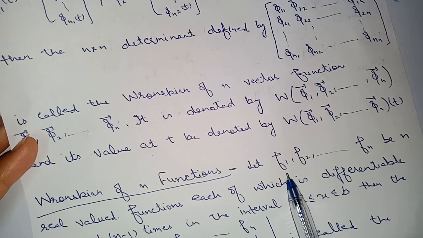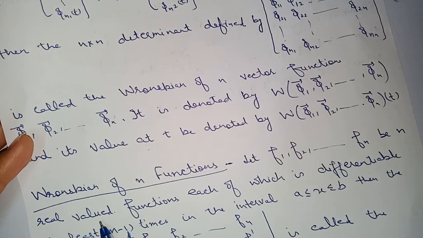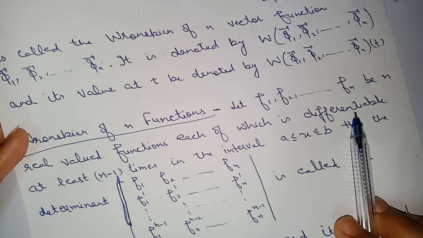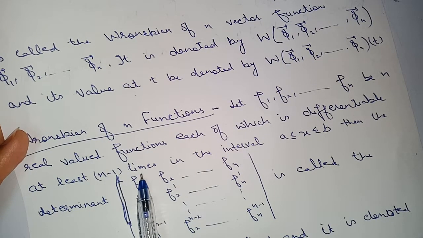Next, what is Wronskian of n functions? If f1, f2 up to so on fn be n real valued functions, each of which is differentiable at least n minus 1 times.